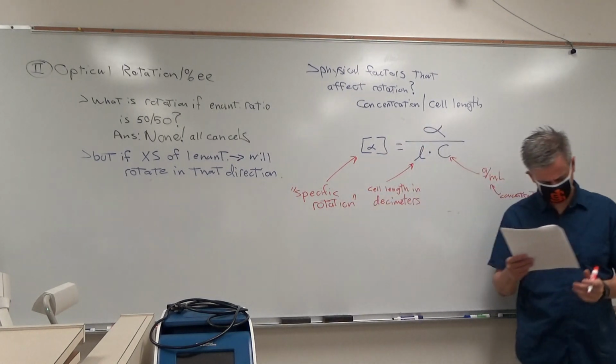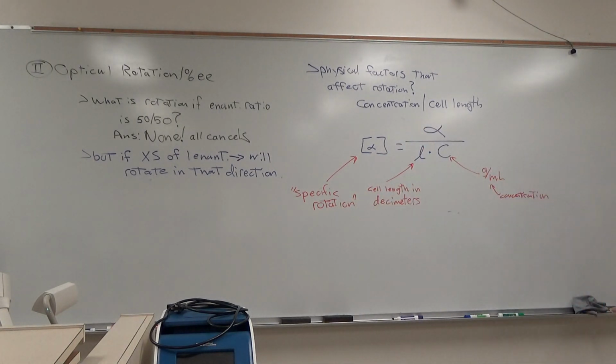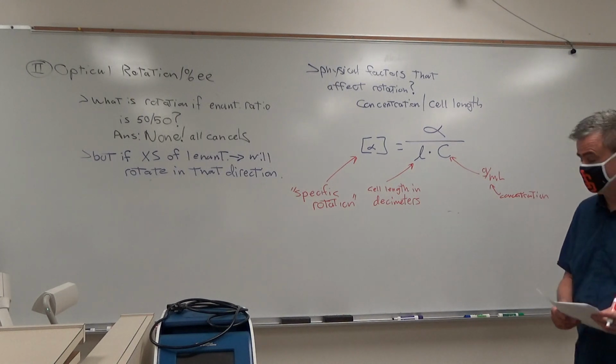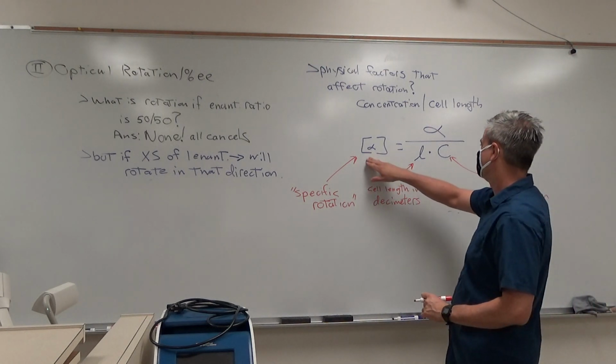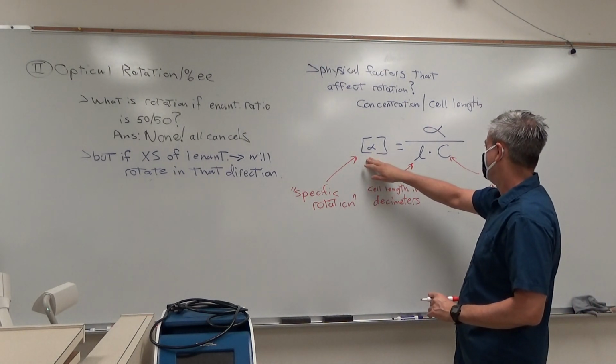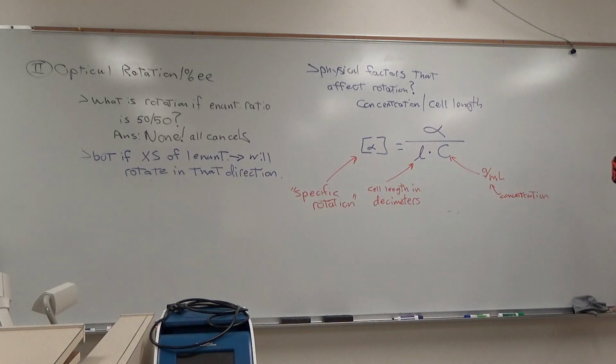So your units for this will end up being degrees, milliliters over grams, right? You flip that, over decimeters.